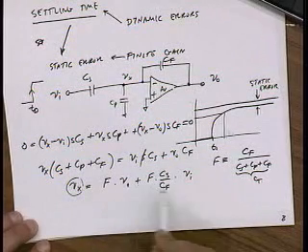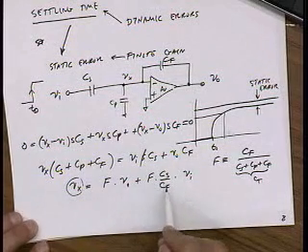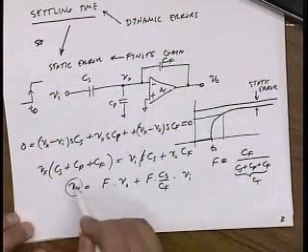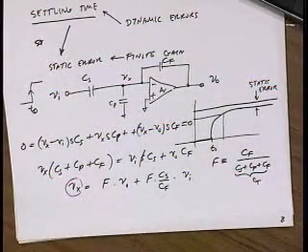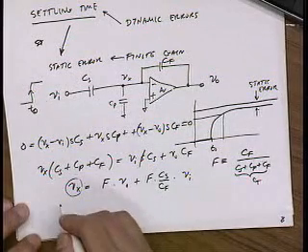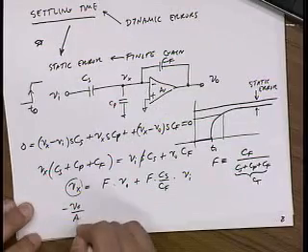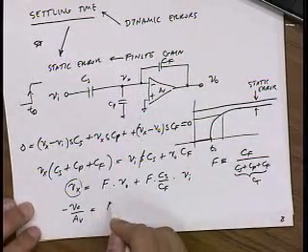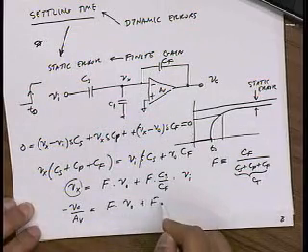And then in which case Vout would be exactly equal to minus CS over CF times Vin. If the gain is finite, though, what's Vx going to be? Yeah, it's going to be minus Vo divided by the gain. Minus because this is the minus terminal. So that's the defining equation.